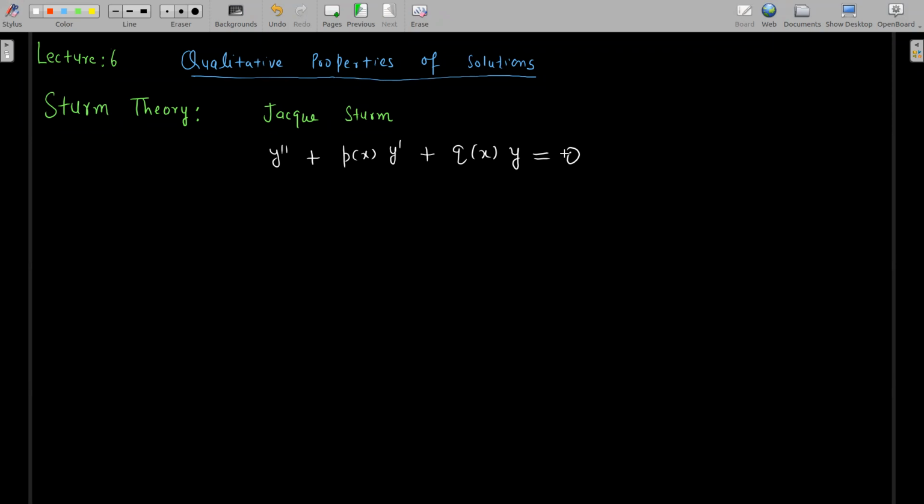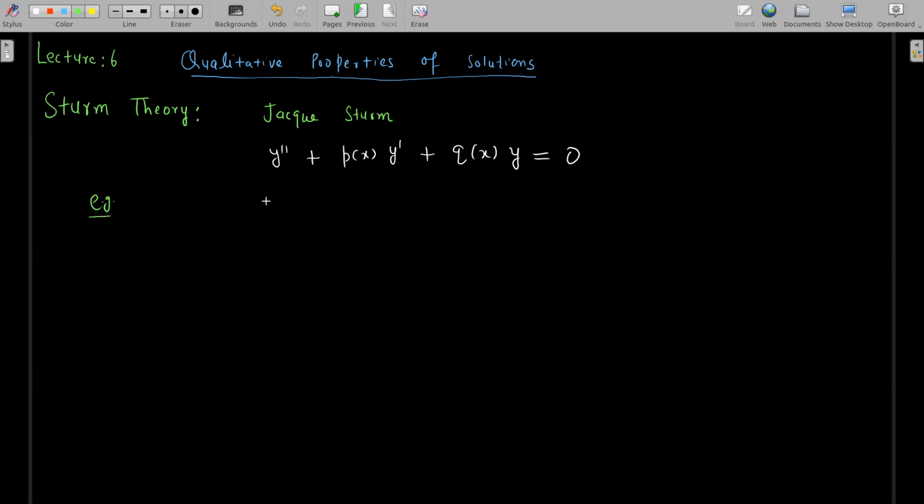And you know that for each possibility of p and q, you cannot solve all equations. There is no general theory for variable coefficient equations. In qualitative properties, we don't try to find solutions, but we talk about properties of solutions. And you can also compare two equations.